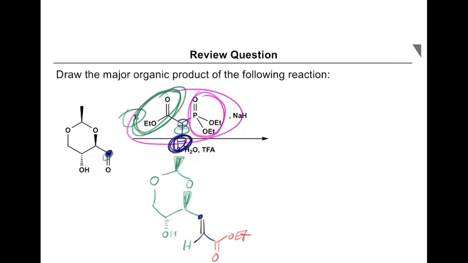And we're talking about the bulk, not CIP rules. We're saying that size is going to put them opposite. So this is my large group on this side, this is my large group on that side. So what I'm doing is I'm forming an alkene generally with big and big as a trans disposition. So that gives me my double bond geometry. Good. All right, that's after step 1. That would be the product after just the olefination.